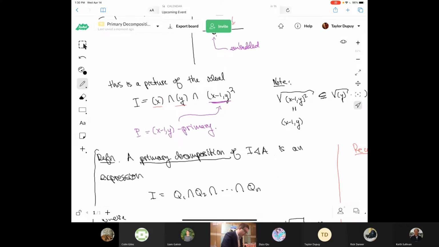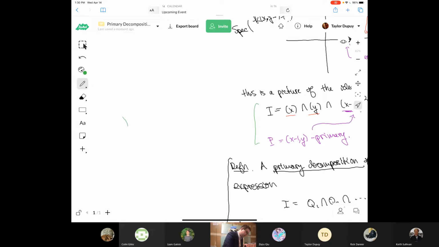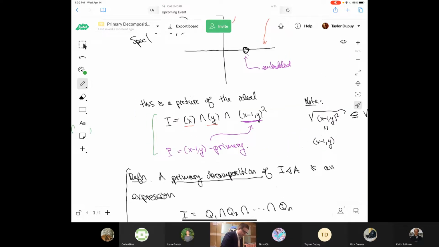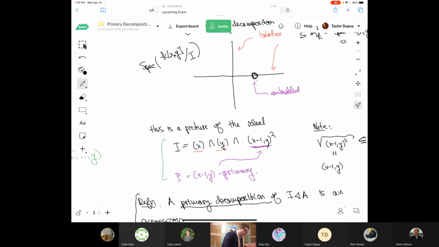Note that in this particular example, the radical of I is just X intersect Y. So the embedded primes, they go away.